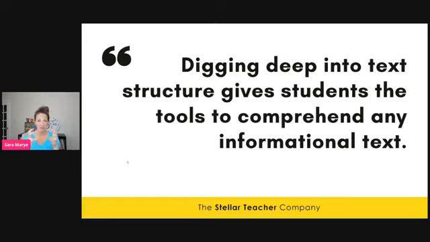Because if they know how the author is organizing the text, and they understand how text structure connects to all of the other comprehension skills, and they understand how they can draw a graphic organizer to help them visualize how the text is formatted, then it doesn't matter that they don't have the right background knowledge. It doesn't necessarily matter that they don't know anything about this topic before they read it. They have the tools to supplement what they might be missing in background knowledge. So text structure really is the backbone to teaching your students to understand informational and nonfiction text.